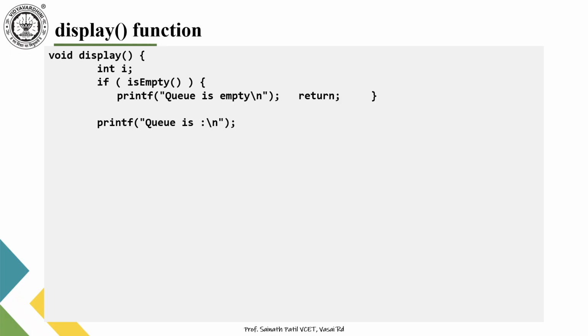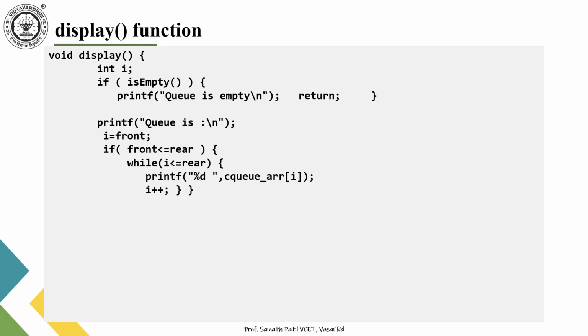So this display function can be written in C, with int I. If empty, produce error and return. If not, then we display the content of the queue. I is equal to front. If front is less than or equal to rear, then while I is less than or equal to rear, we display the content of I and increment I every time.